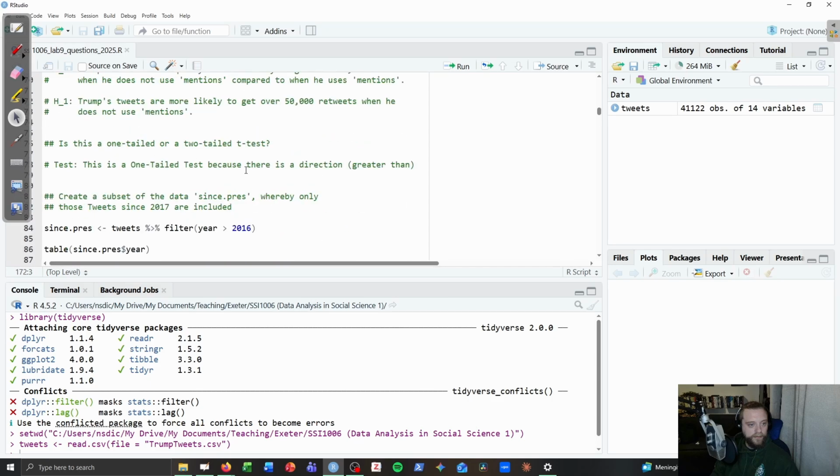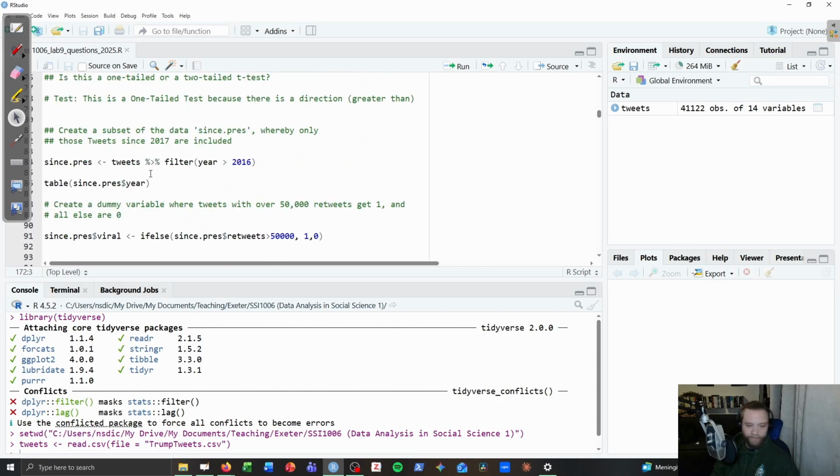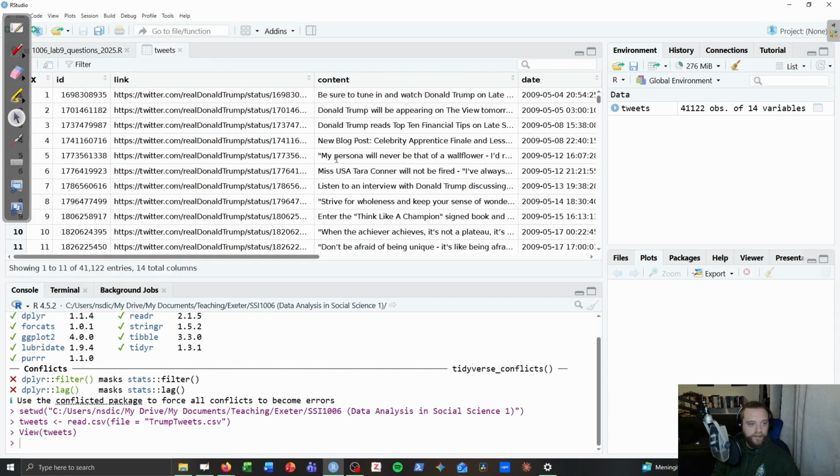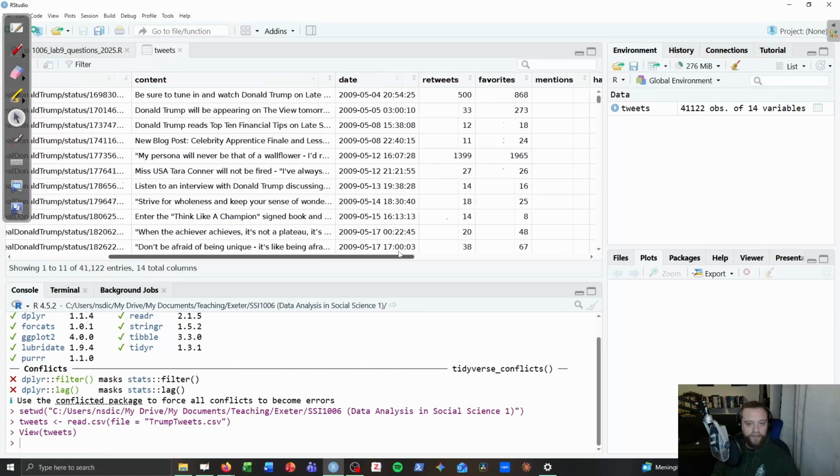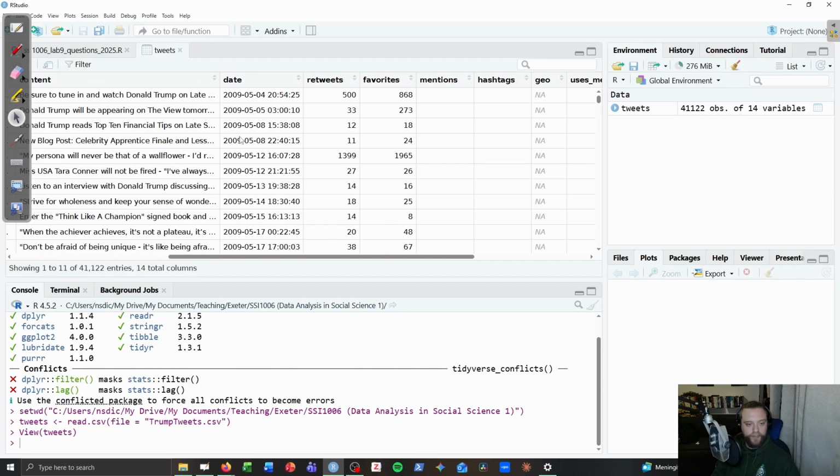Now, proportions are something that we encounter in lots of different real life settings, but we can also construct proportions out of any other kind of continuous data. The data that we've got here is actually Donald Trump's tweets.